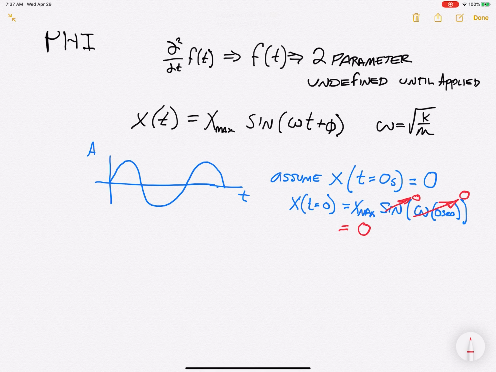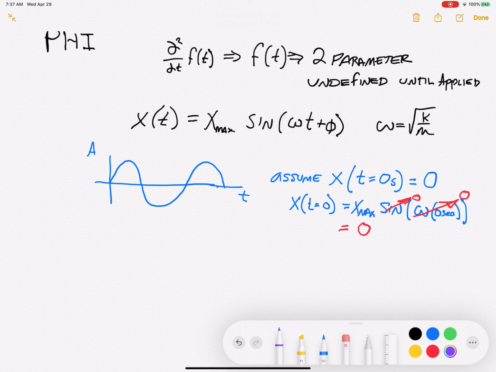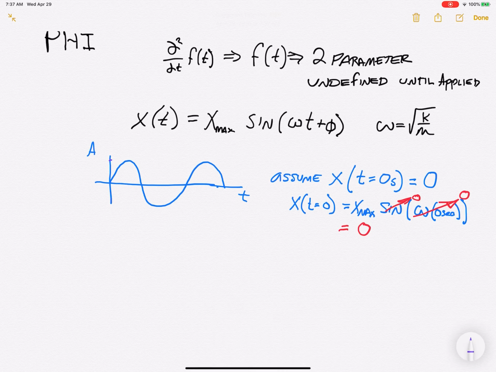But that may not be the case. We can imagine a case where, the easiest case is, what if I start high?